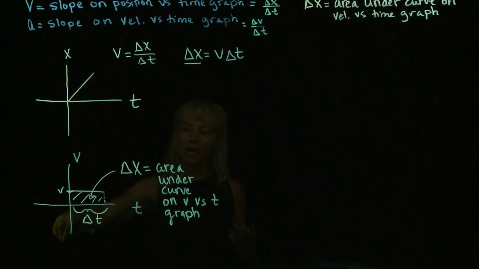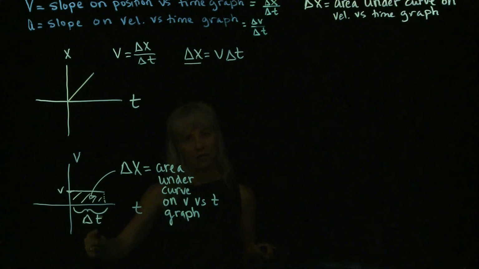If instead we were traveling to the west in the car, and that would correspond to a negative x, then we would be traveling with some constant negative velocity, and that would be just a line that's the mirror image down here below the time axis. That would correspond to negative area.